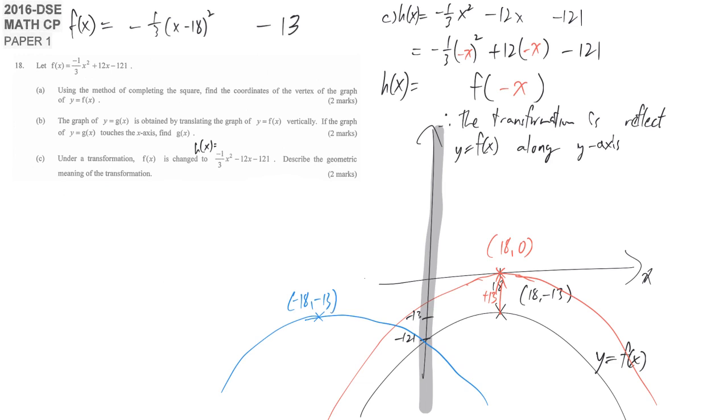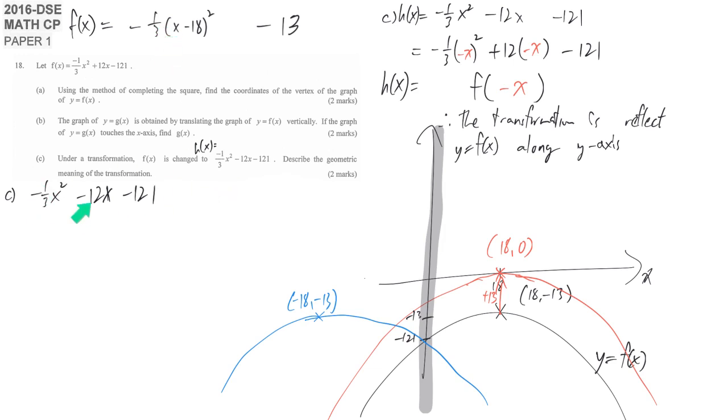But however, there is another method to solve these questions. Part C, negative 1 over 3 x squared minus 12x and then minus 121. It's the same logic that we try to use f(x) to express this function.